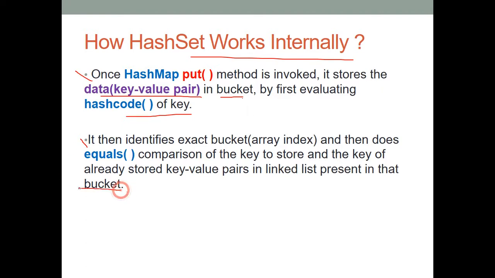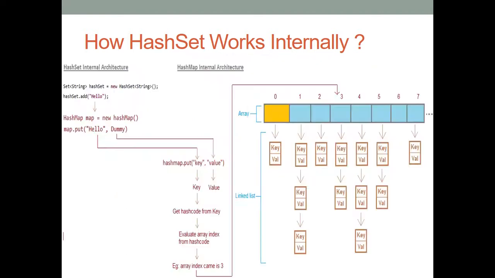Now I'm going to discuss the internal memory management of the HashSet. Internally a structure will be there. I found this data structure, and how your data is stored in your memory, your RAM, how a bucket is created, everything is in front of you. So just look at it and understand it.